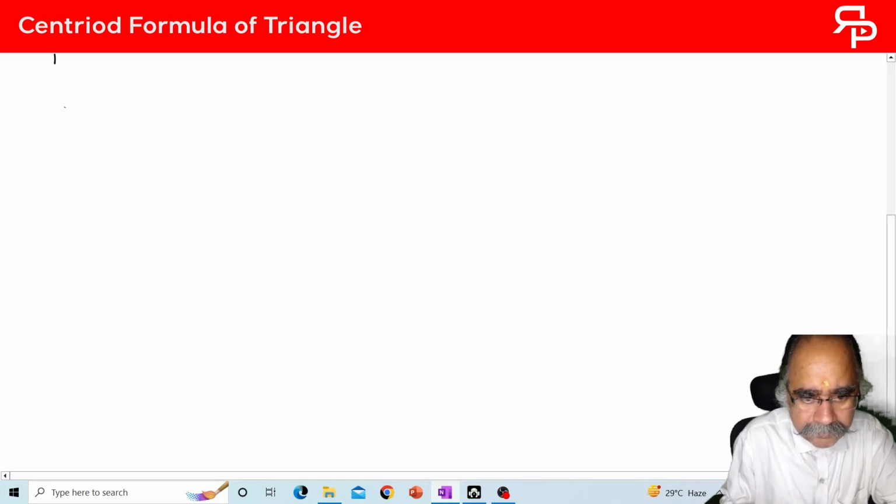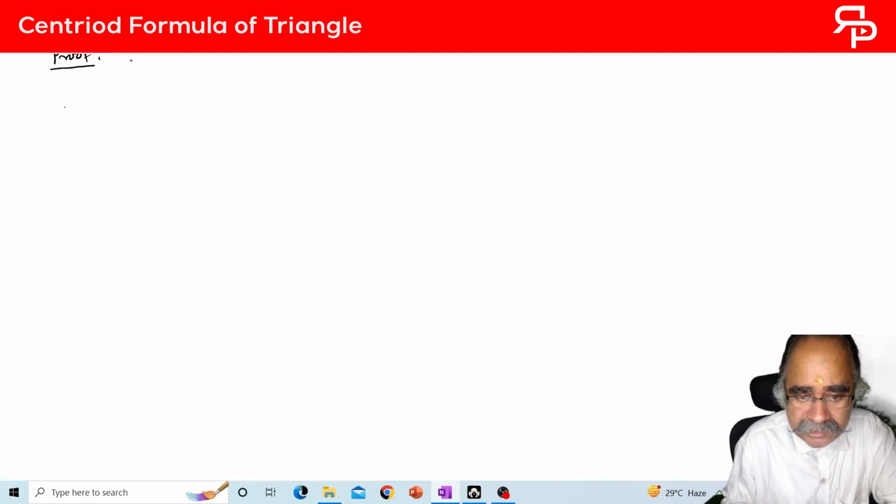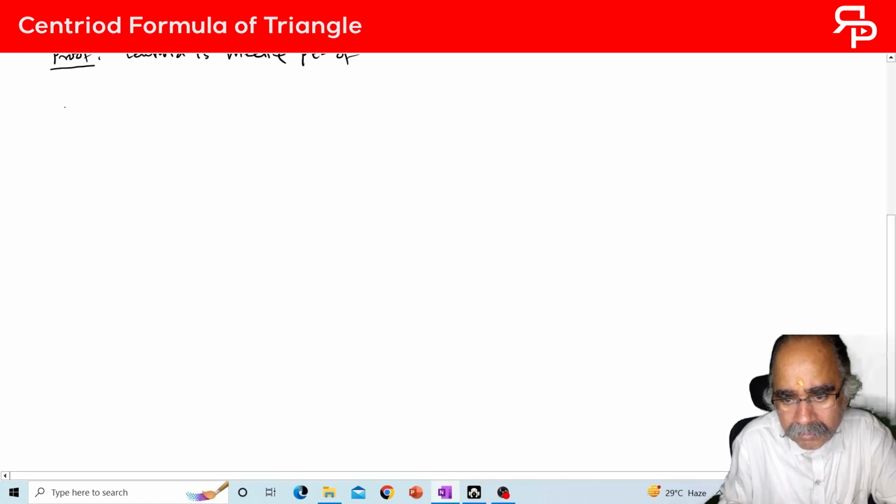Proof. Before starting proof, we had to mention two important points regarding centroid. First is what? Centroid is meeting point of medians of triangle ABC.